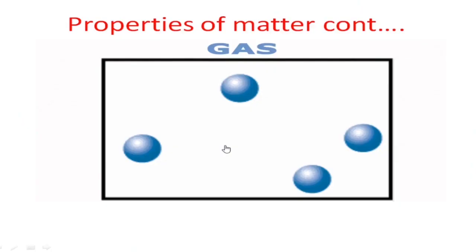The last state of matter is gas, and in gas the particles are further apart. This makes the intermolecular forces of attraction between one particle and the other very weak, and therefore these particles are able to break away from one another. They stay further apart.